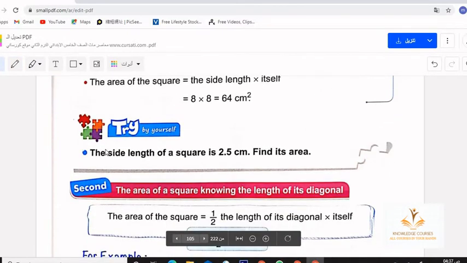Try: side length of a square equal 2.5. Find the area. So the area equal side length multiply side length equal 2.5 multiply 2.5.